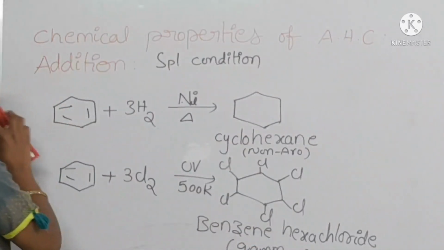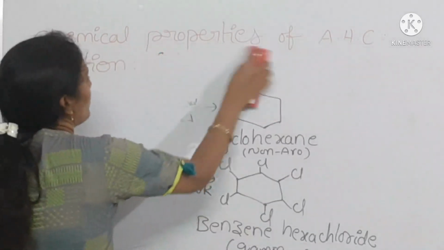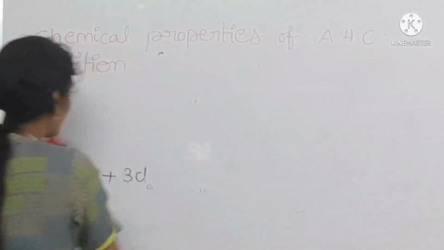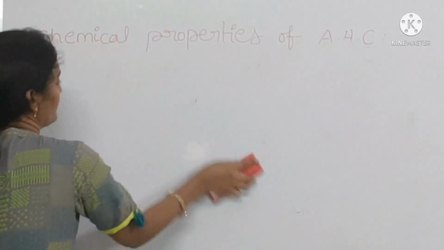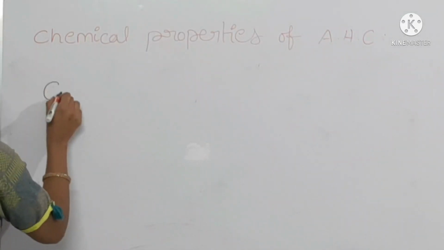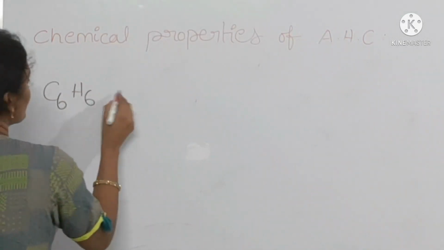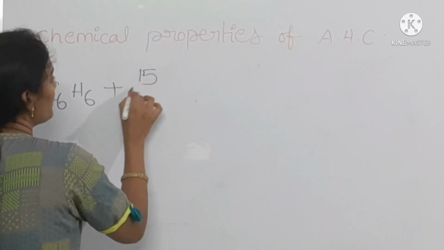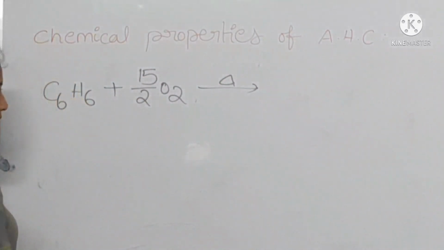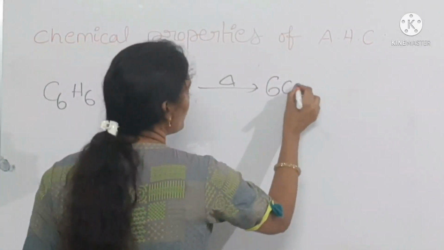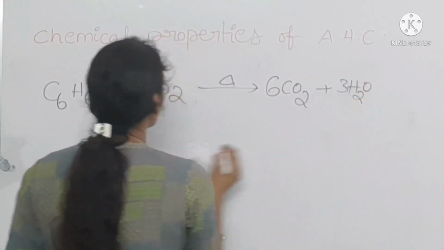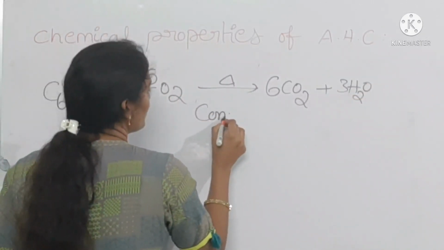If oxidation takes place on benzene, what happens? C6H6 plus 15/2 O2 under heating gives 6 CO2 molecules and 3 water molecules. This is the combustion reaction, children.